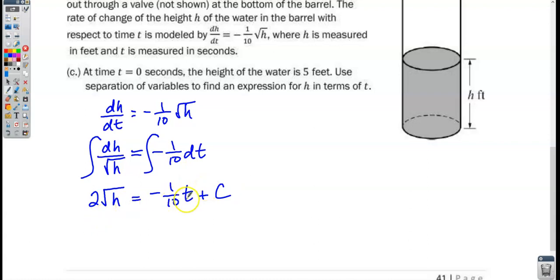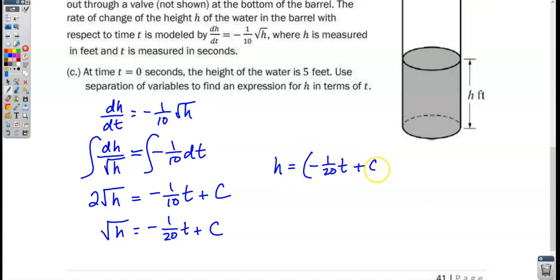And now we need to start solving for h. I multiply both sides by 2, or pardon me, by 1/2. And then I square both sides. Now I can solve for my initial condition.